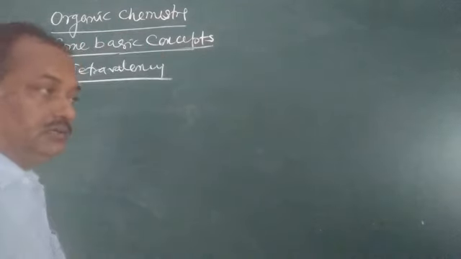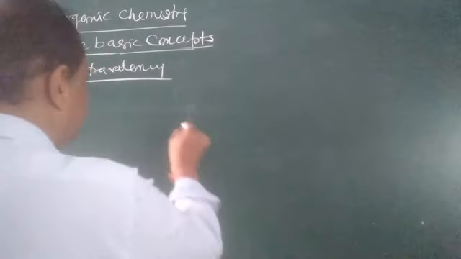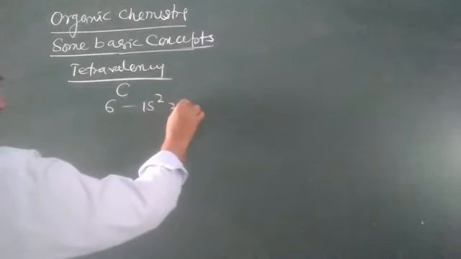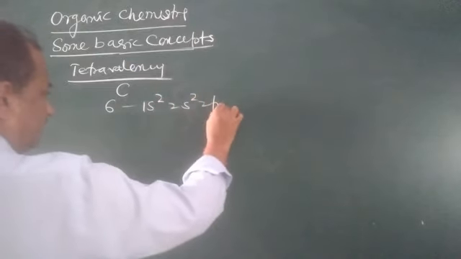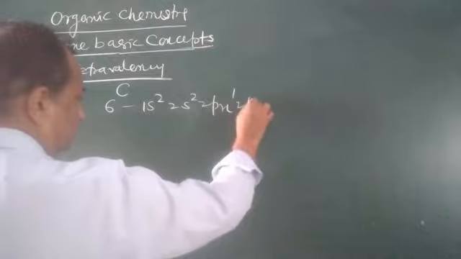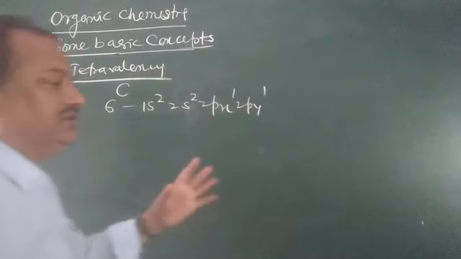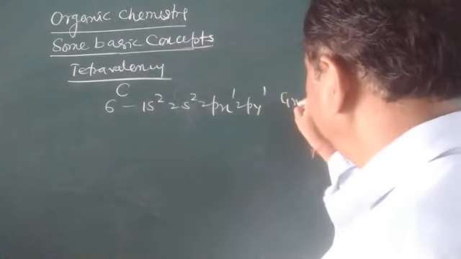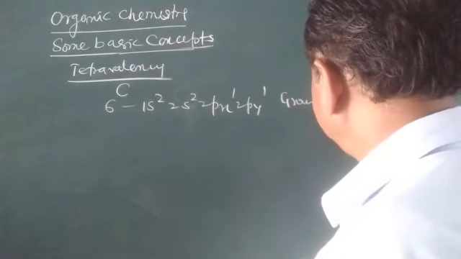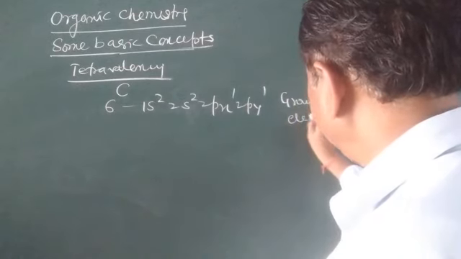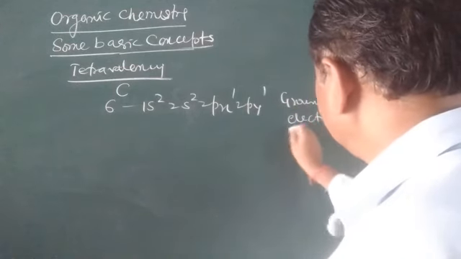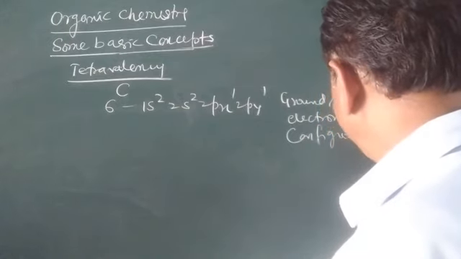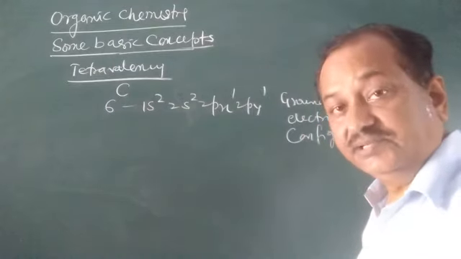See how. To explain the tetravalency, write down the electronic configuration. Carbon, atomic number 6: 1s2, 2s2, and 2px1, 2py1. So this is the electronic configuration in the ground state, meaning the resting state.